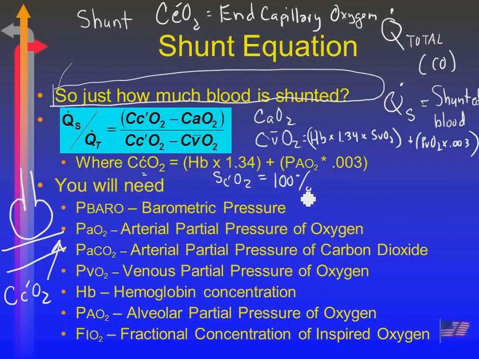It's 100%. Every bit of hemoglobin that could possibly be carrying oxygen is carrying oxygen. So this would be the same thing as multiplying this by 1.0. I don't even need to put it in the formula because it's 100% saturated. Follow me?